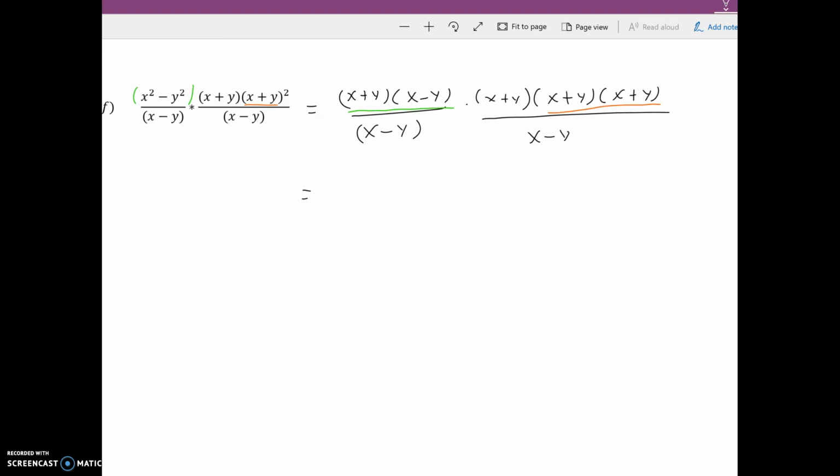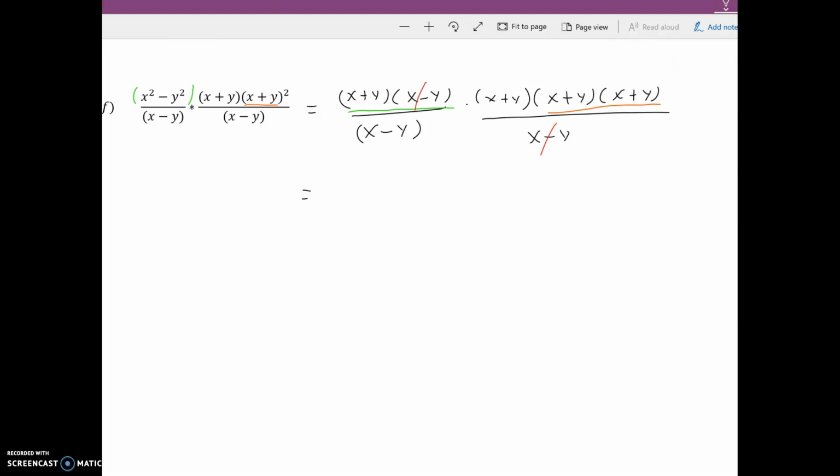Now, at this point, you can start canceling common factors if you have any. So we can cancel the x minus y with that x minus y, and that's going to be it.